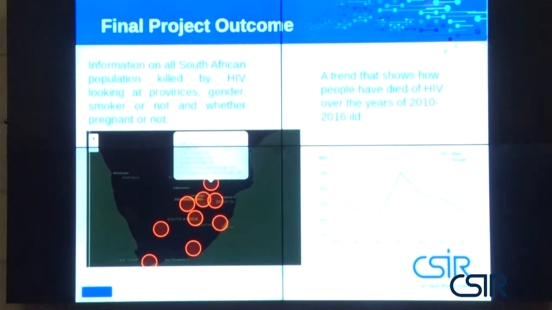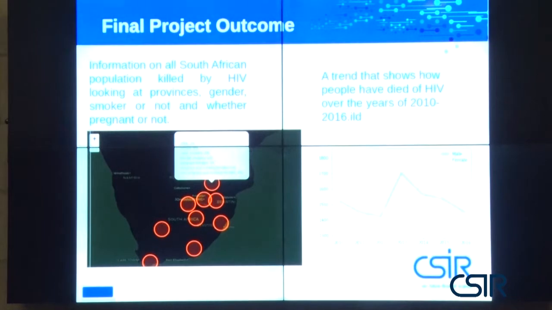It shows that 5% of people killed by that disease were males, 6% were females, 6% were male smokers, and 5% were female smokers.